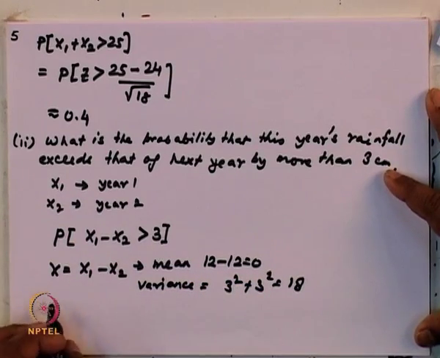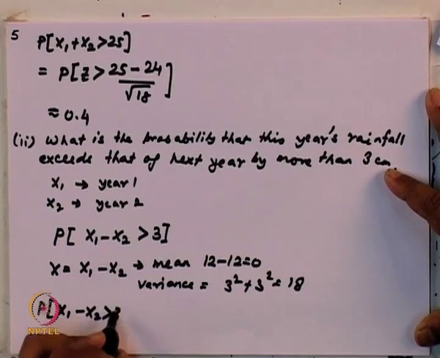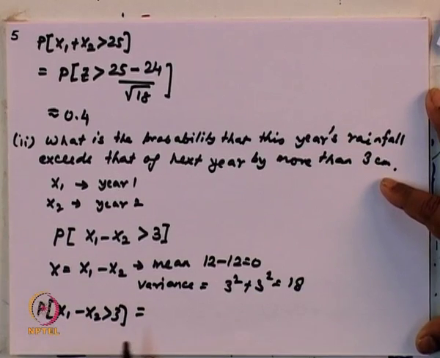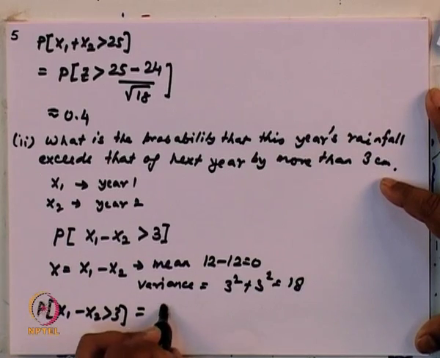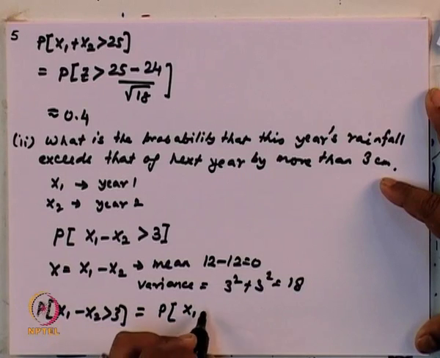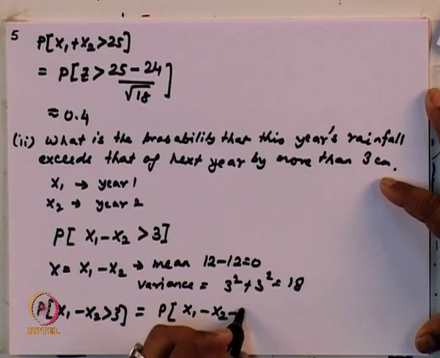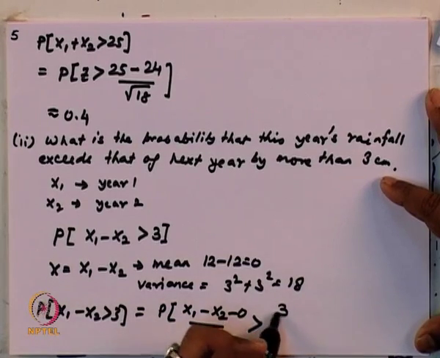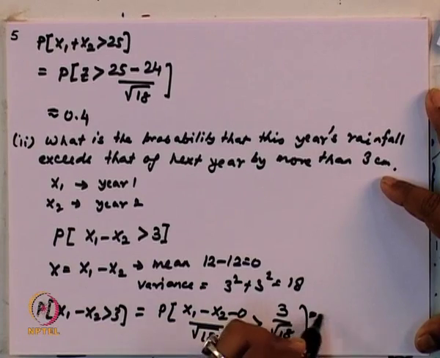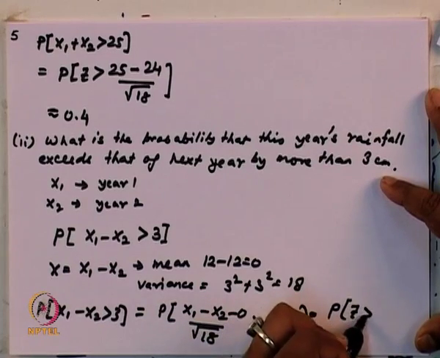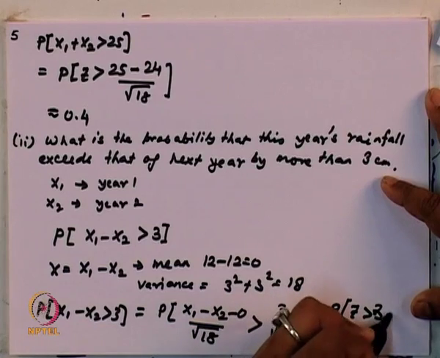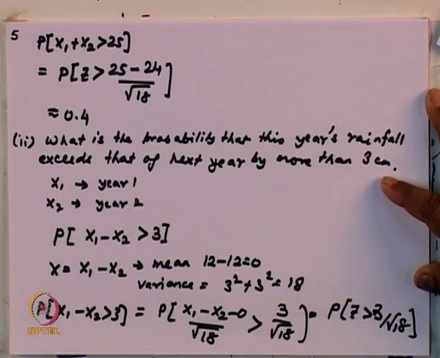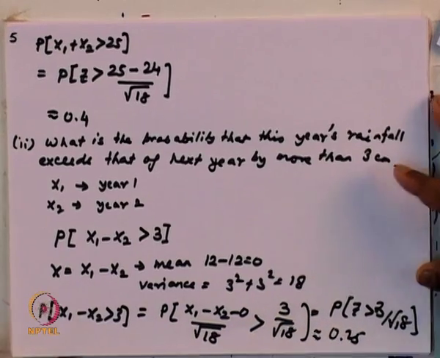Thus the probability of X1 minus X2 greater than 3 is nothing but the probability of (X1 minus X2 minus 0, the mean) by root of 18 greater than 3 by root of 18, which is the probability of Z greater than 3 by root of 18. And this probability, if you look up the tables, comes out to be approximately 25%.